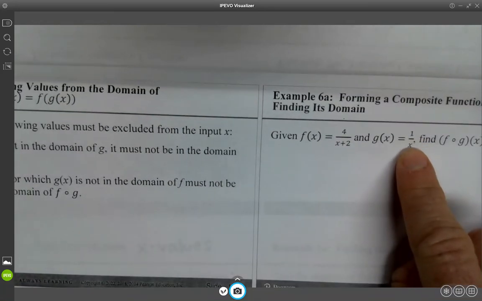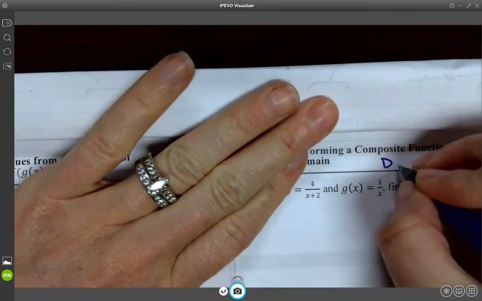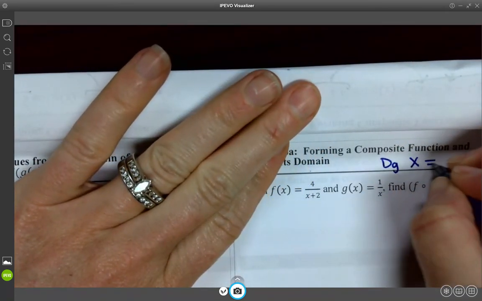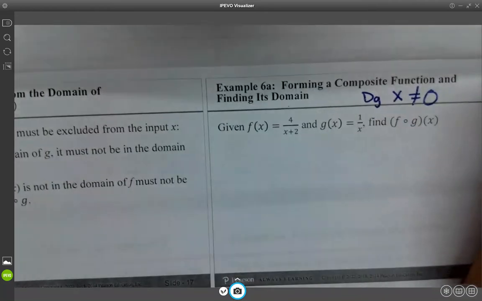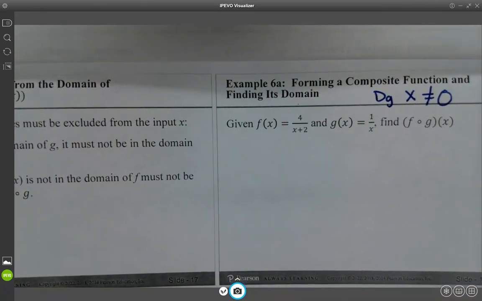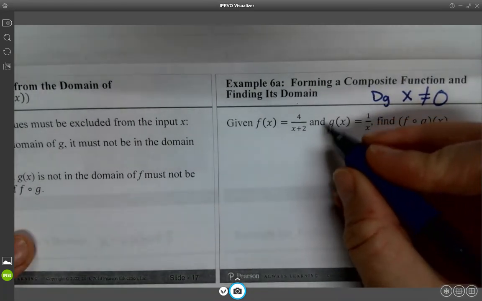For g of x, x cannot be 0. So the domain of g, x cannot be 0. So for f of g, it says if x is not in the domain of g, it must not be in the domain of f of g. Any x that is not included in g of x is not in the domain of f, must not be in the domain. Okay. So we need to just focus on this one.